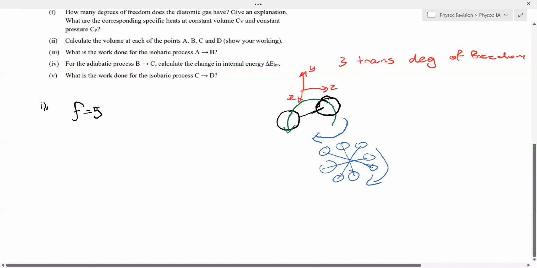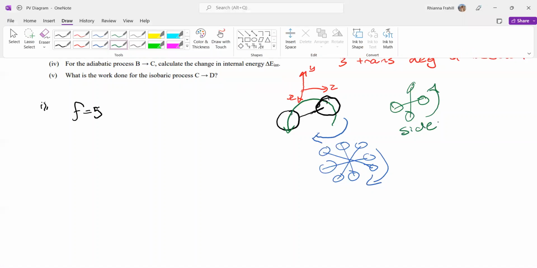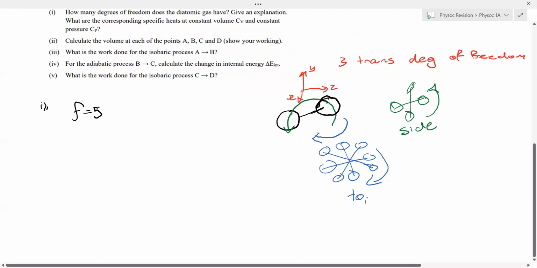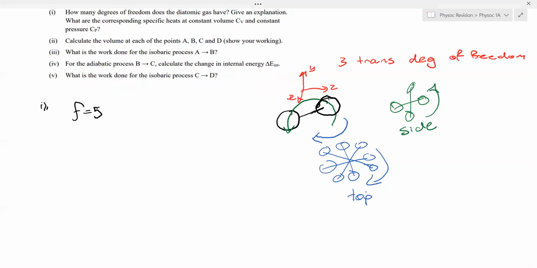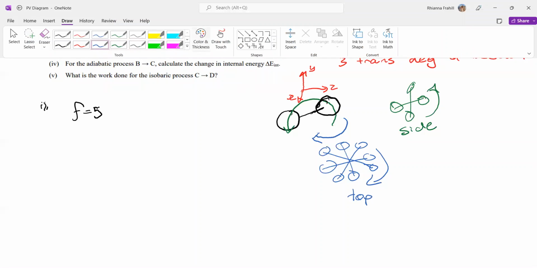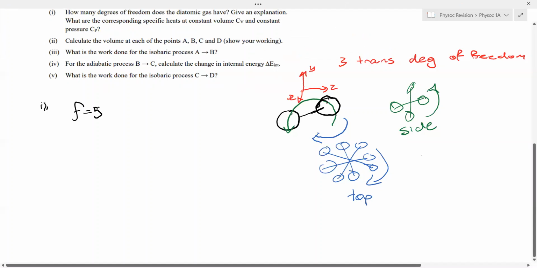So if we're looking at it from the side, it would kind of be the same sort of shape going around like that. So this is side view, and this is the top view. So this is equal to another 2 degrees of freedom from rotation.